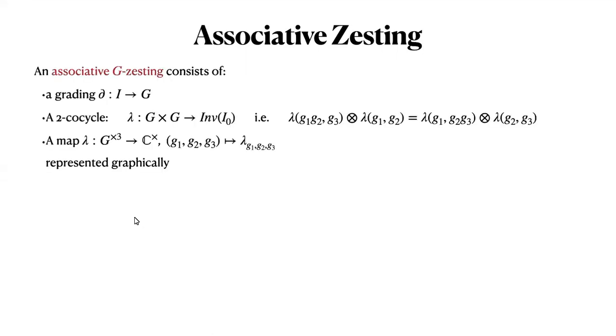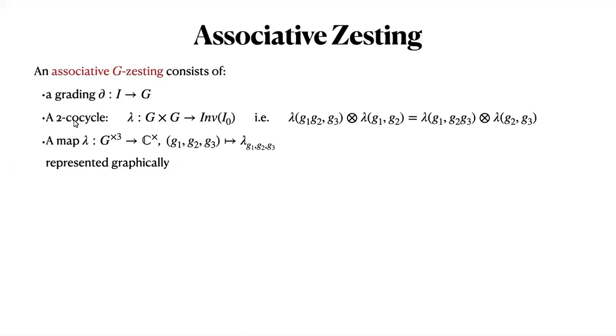So now I can present the notion of associative zesting. So an associative zesting will consist of the following. So first, you fix a group G and a grading. A grading, again, is a surjective map that goes from here to here. And in addition, you need a 2-cocycle.